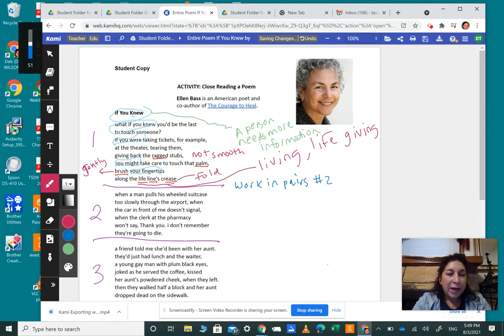So now I'm going to go back. What if you knew that you would be the last to touch someone? Would it change the way you interacted with them, in other words? So what if you were taking tickets at the theater? You're actually looking at someone, you don't know them, and you give back their stubs.